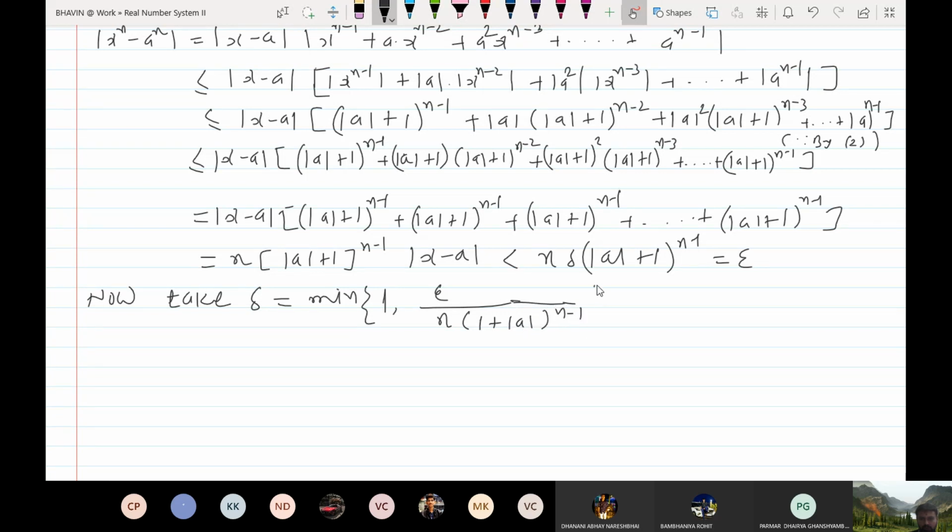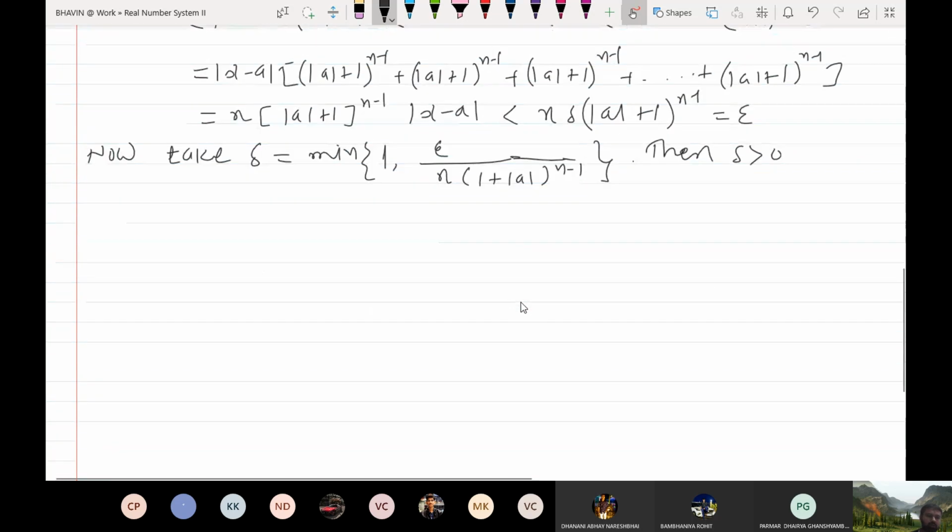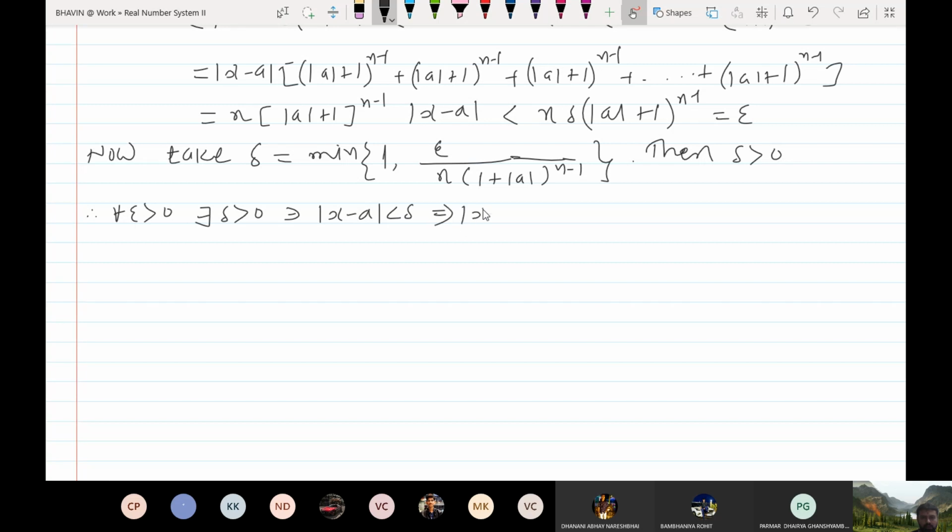I will take the minimum of these two quantities, then delta is greater than 0, because this is a positive quantity. Therefore, for every epsilon greater than 0, there exists some delta greater than 0, so that whenever |x minus a| is less than delta, it implies |x raised to n minus a raised to n| is less than epsilon.